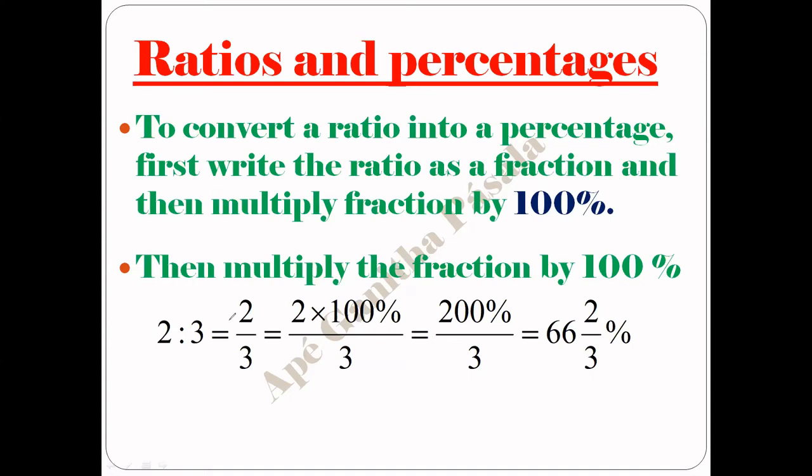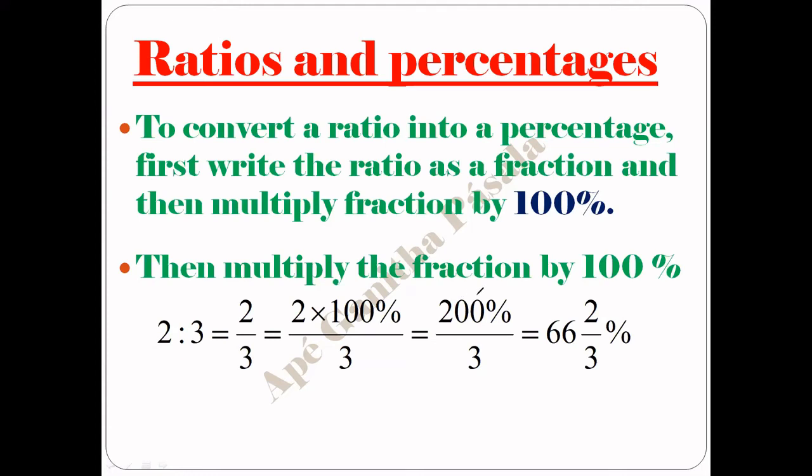So how to write a ratio as a fraction? First write the ratio as a fraction. How to convert the ratio into a percentage? First write the ratio as a fraction, then multiply by 100%. So 2 into 100, 200. 200 over 3. When you divide 200 by 3, 3 into 6, 18.